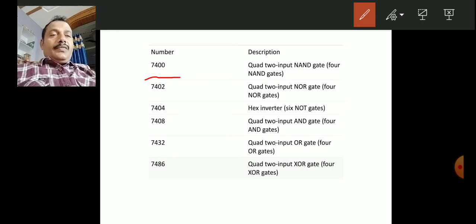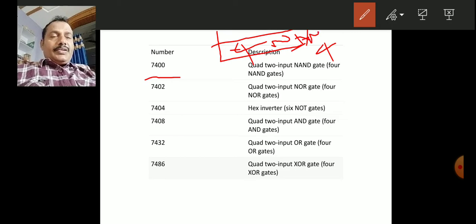That means quad means 4. In a single piece of semiconductor material, 4 NAND gates are manufactured. So this IC is named as 7400.